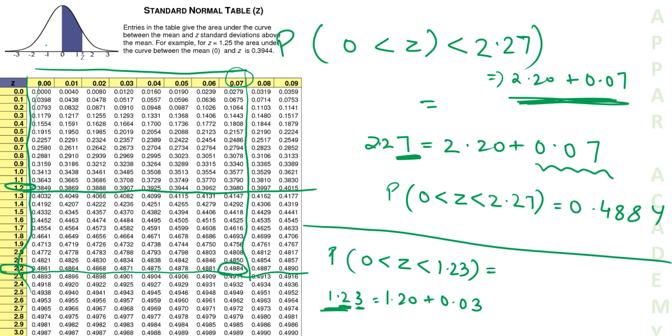Then we have 0.03, which we see over here. So can we say this is equal to 0.3907? We have simply taken 1.2 from here and 0.03 from here in order to find the probability that z lies between 0 and 1.23. Fine, so this is how we use the standard normal table to find standard normal probabilities.